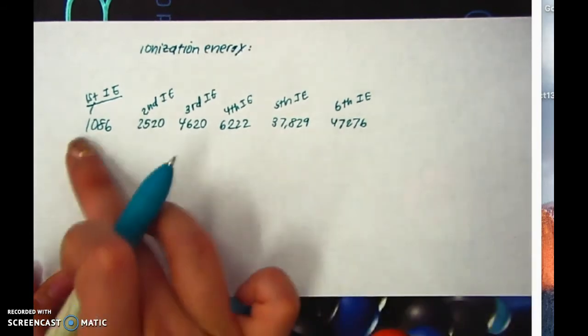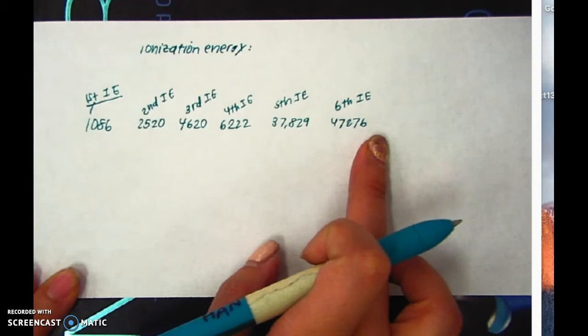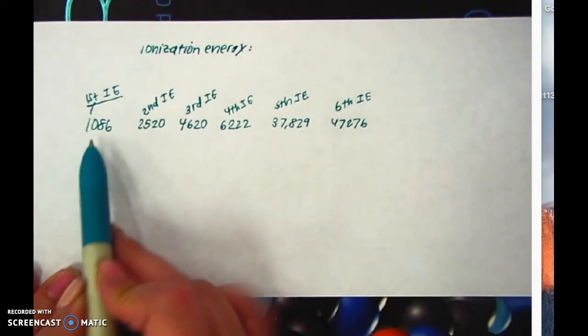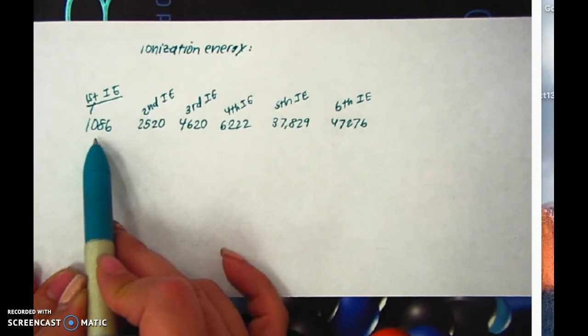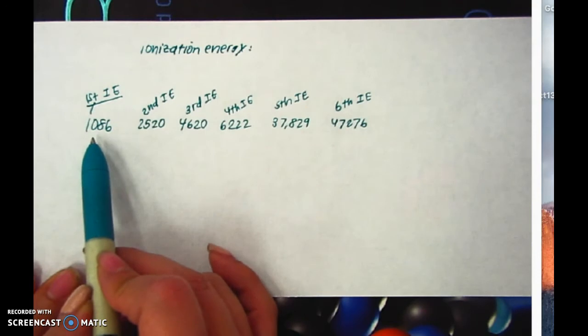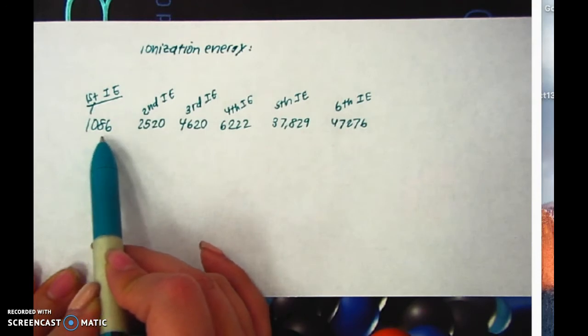Okay, so I wanted you to take a look at this little trend pattern that we see here. For the first ionization energy for this element, or whatever it is, we're going to figure that out soon, the energy needed is 1,086 kilojoules.